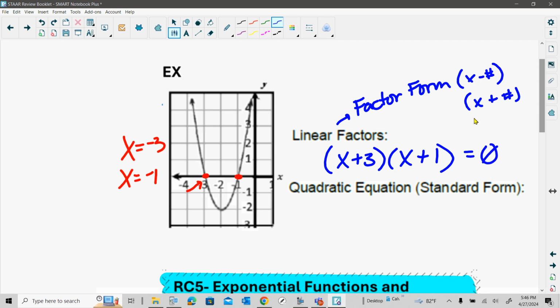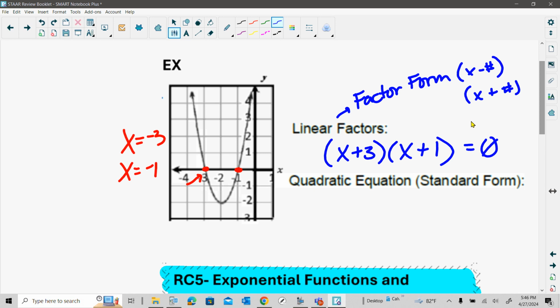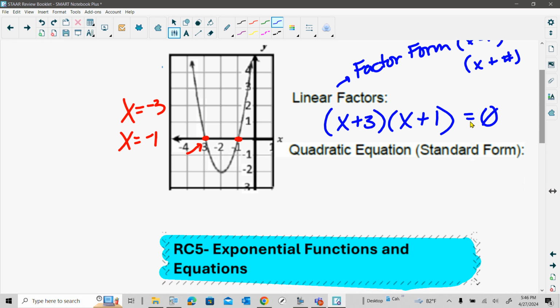Okay. Now, to go into standard form, because we have our factors here, we're going to have to use FOIL of our factor forms. And so we're going to distribute here the first terms together.